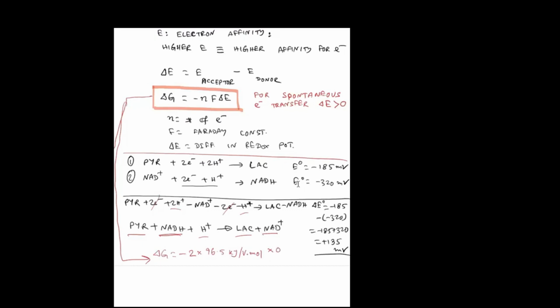If I convert that to volts, I'll have 0.135 volt, right? So this volt will cancel, and this will be minus 2 times 96.5 times 0.135 kilojoule per mole. So that's my delta G for this process.